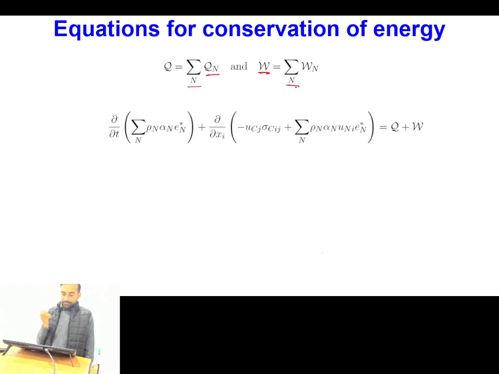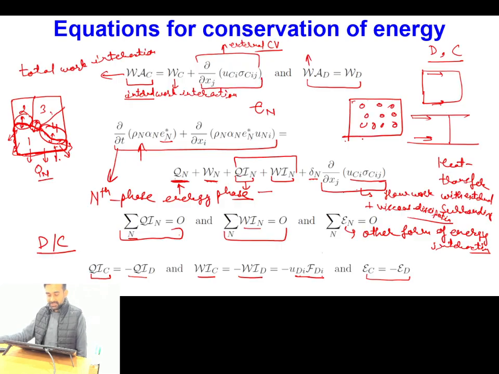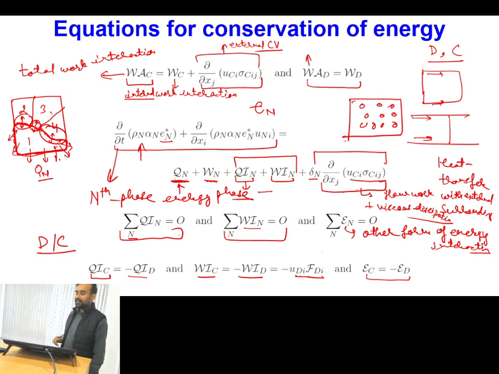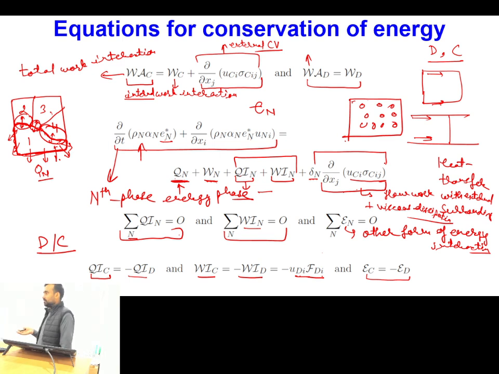So, if I now do the summation on left hand side, then I will be getting del by del t of sum over n of rho n alpha n into En star plus del by del xi of summation of rho n alpha n u ni into En star. Okay. When I will be doing the summation for this particular term, because this particular term, flow work and viscous dissipation, will be only applicable at the boundaries, so it will be only applicable for a continuous phase.